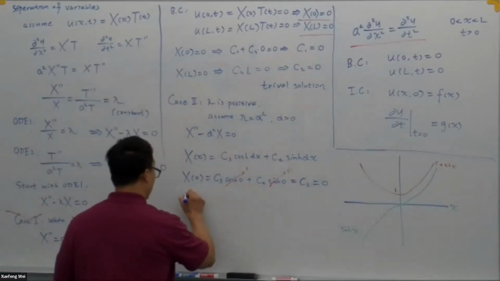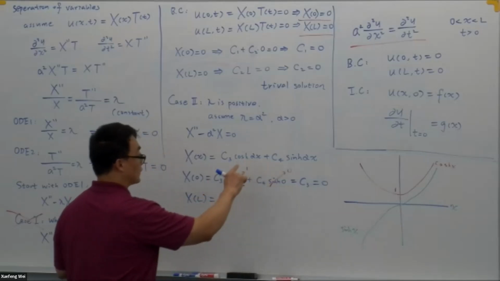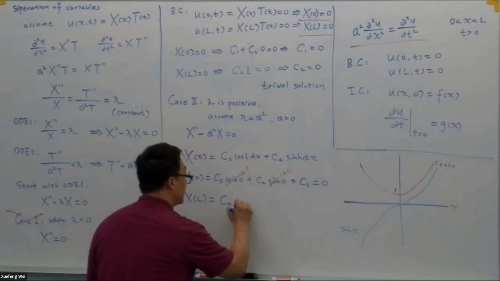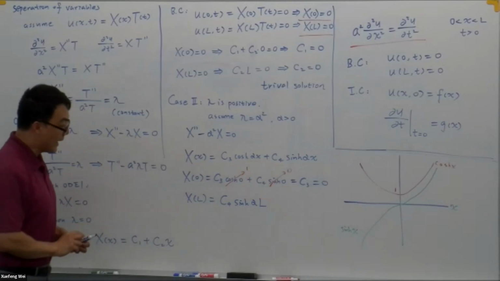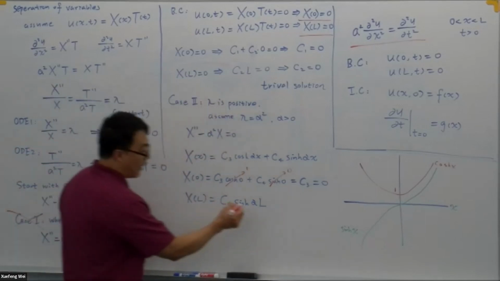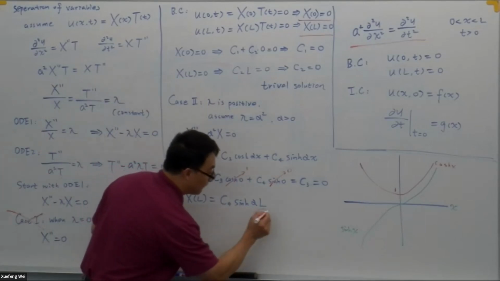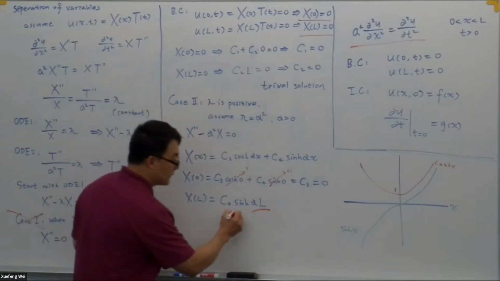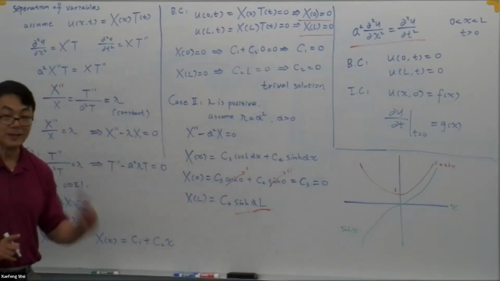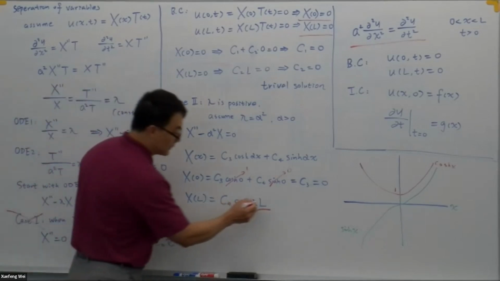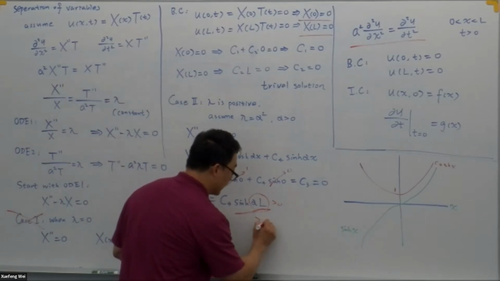Okay, let's look at X(L). C3 is 0, so we don't even need this part. It's going to be C4 sinh(alpha L). Alpha is positive, L is positive, so this entire thing is going to be a positive value, not 0.